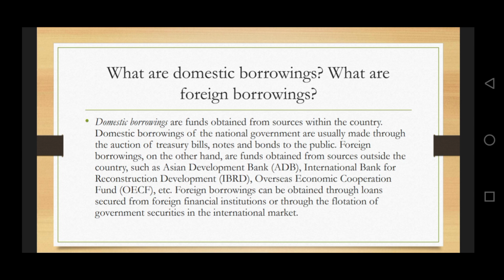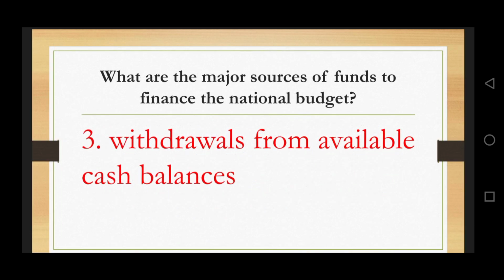Foreign borrowings can be obtained through loans secured from foreign financial institutions or through the flotation of government securities in the international market. The last major source of funds to finance the national budget is withdrawals from available cash balance.